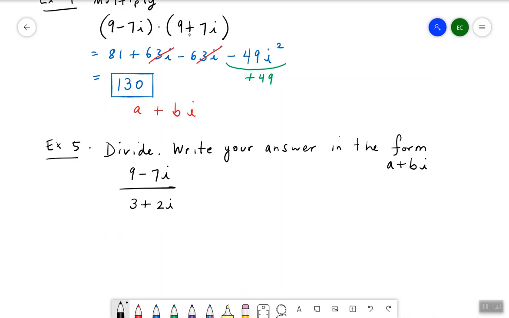And then the result is that the imaginary part falls out of the answer. And so what we want to do is we want to multiply the numerator and the denominator by the conjugate of the denominator.